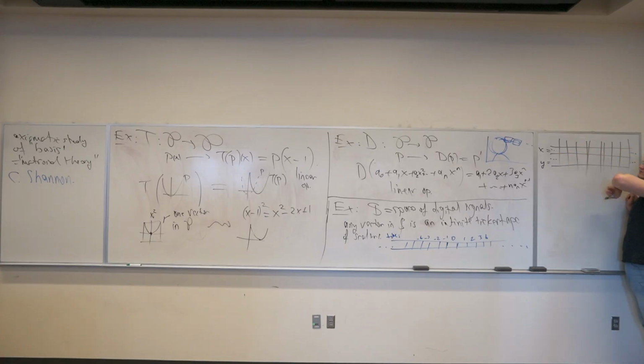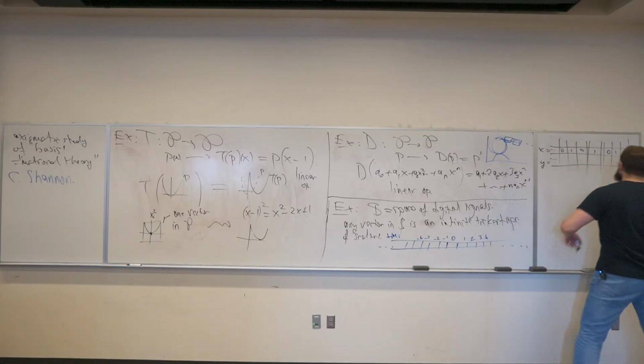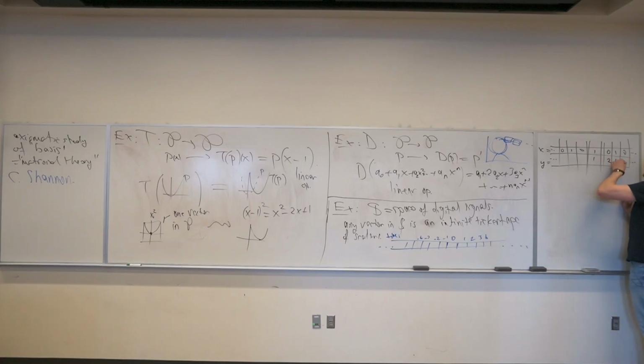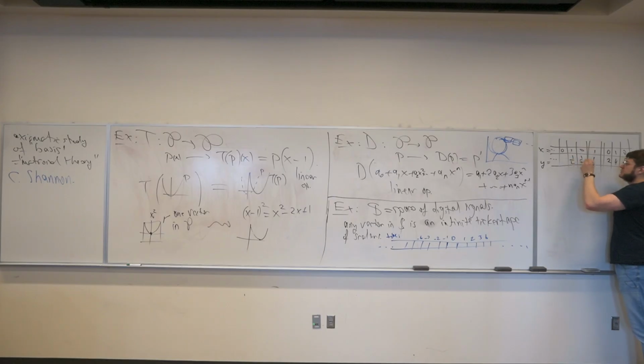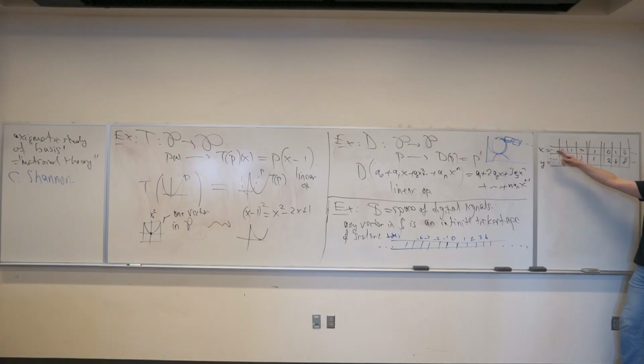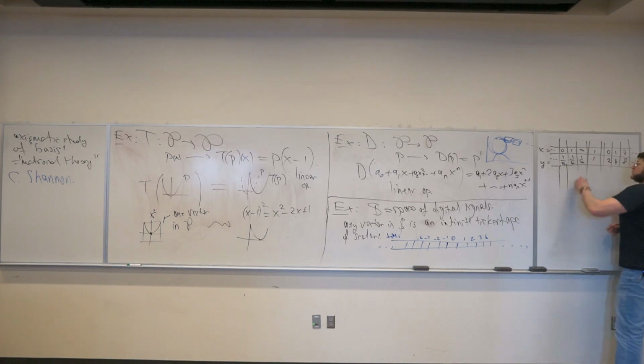Say x goes between 1 and 0: 1, 0, 1, 0, like this. And then say y is, at every time it doubles. So 1, 2, 4, 8. In order for this to double, going the other way you need to divide by 2: 1 over 4, 1 over 2, and so on. Okay? So x is an alternating signal, and y is an exponential signal. Doesn't matter what these are called, but good to know.